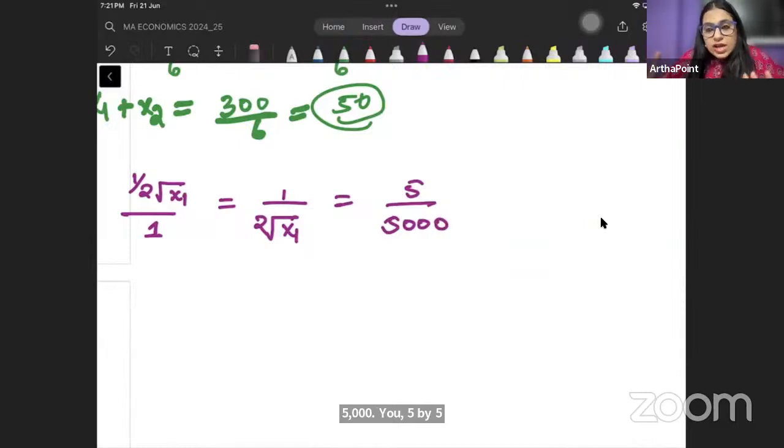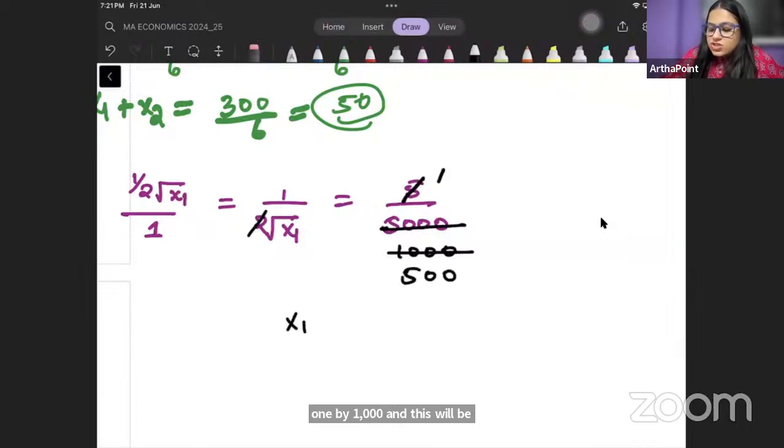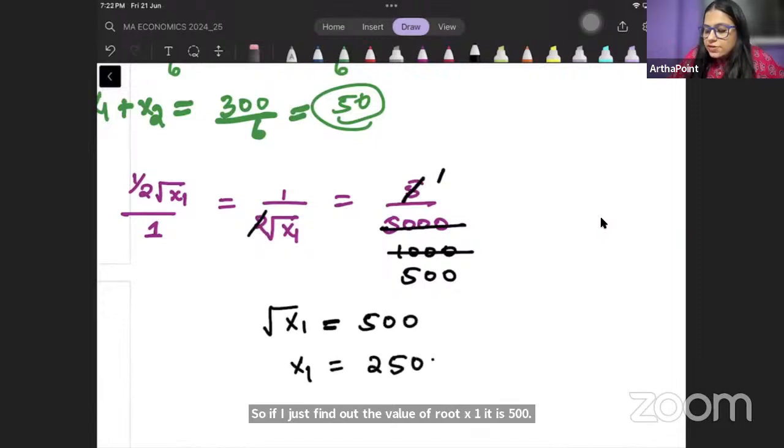Listen to me very carefully. This will be 5 by 5,000, right? Okay, now if I cancel this out, this will be 1 by 1,000 and this will be 500. So if I find the value of root x1, it is 500. x1 will come out as 2,500. But can x1 be 2,500?